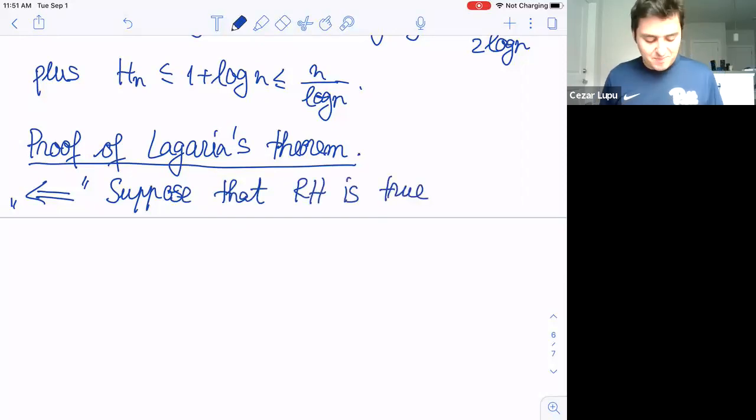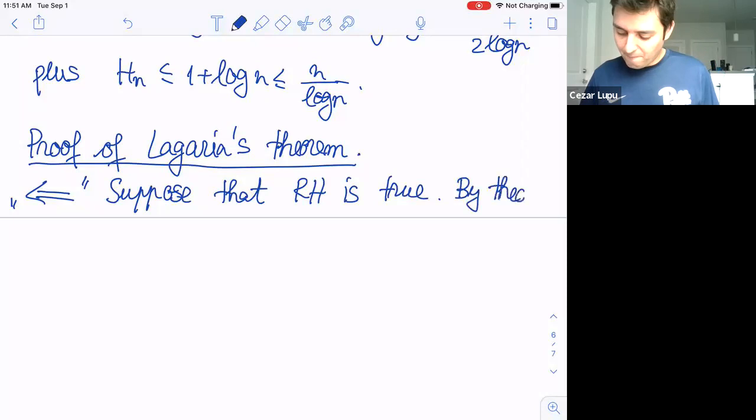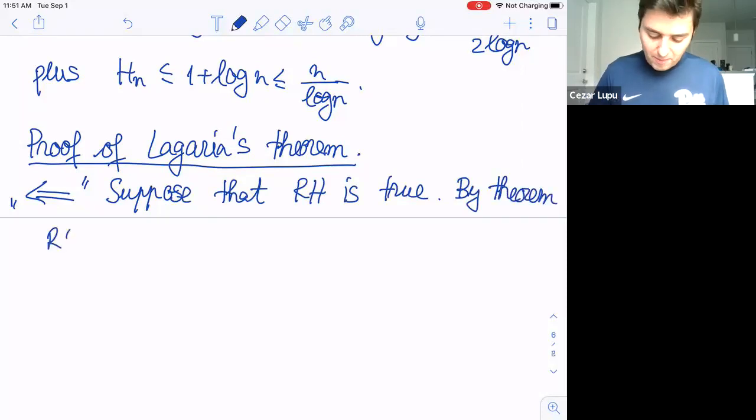Well, that's immediate. By theorem R1 and lemma 1, it follows immediately.